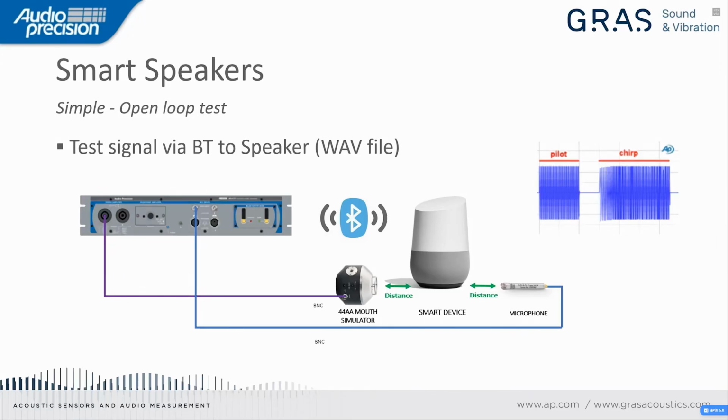The pilot tone is a trigger telling the analyzer now we are ready to do the test. And then the chirp signal, where we have a frequency sweep, will be added, and then we will make a frequency sweep of the device and measure the output response of the smart device with this input signal.